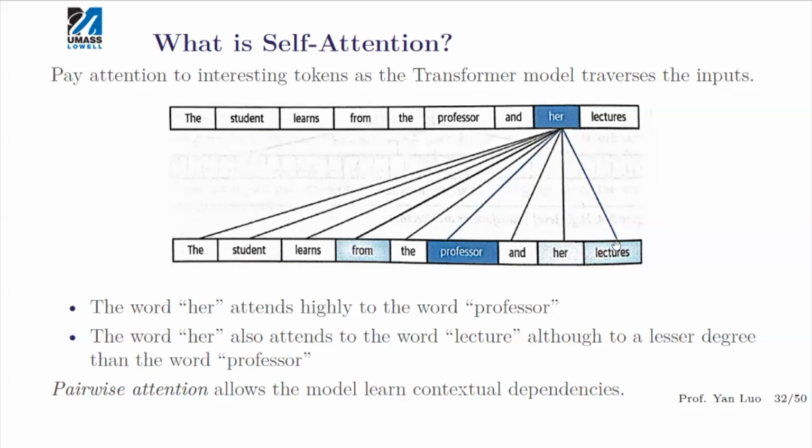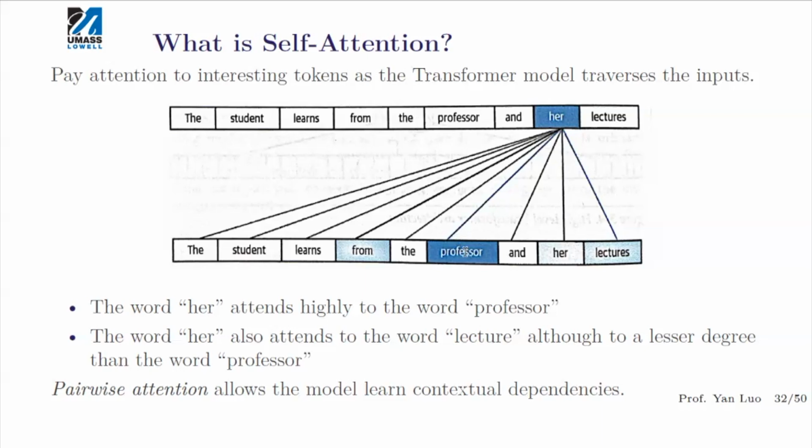Compared to other tokens, for example lectures, even though these two are still relevant, they are not as strongly relevant as her and professor. Because we know her lectures always go together in this sentence, saying who owns this lecture, whereas her and the professor refer to the same person.